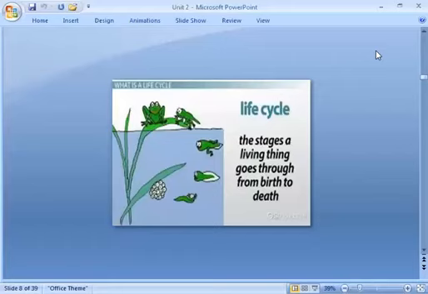An animal life cycle starts when it is born. The life cycle continues as the animal grows up. It is not only animals that have a life cycle. Every living thing has a life cycle.